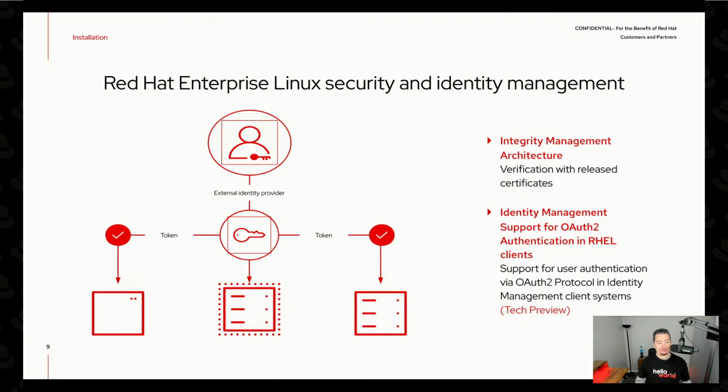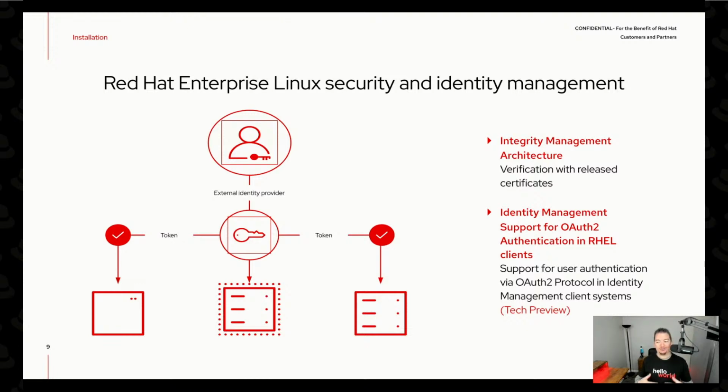Also in Tech Preview, this is really cool. If you're running Identity Manager with Red Hat Enterprise Linux, now in Tech Preview, hopefully in the next release or two, we'll see identity management support for OAuth 2. So if you have a platform that's using OAuth 2, whether it is Keycloak or GitHub or some OpenID identity provider, you'll then be able to tie that into Identity Manager.